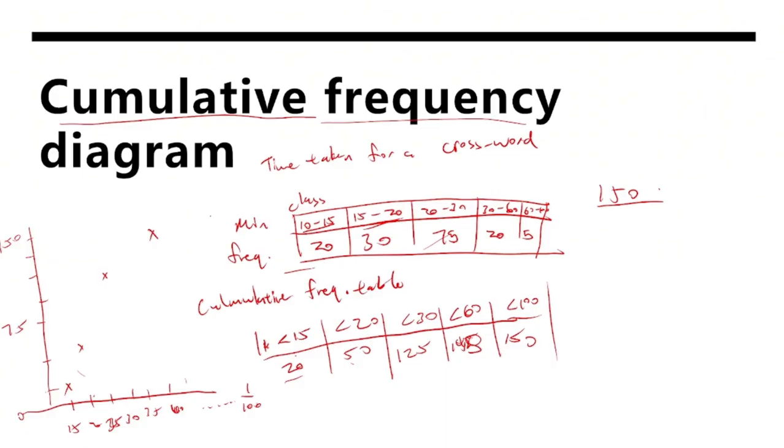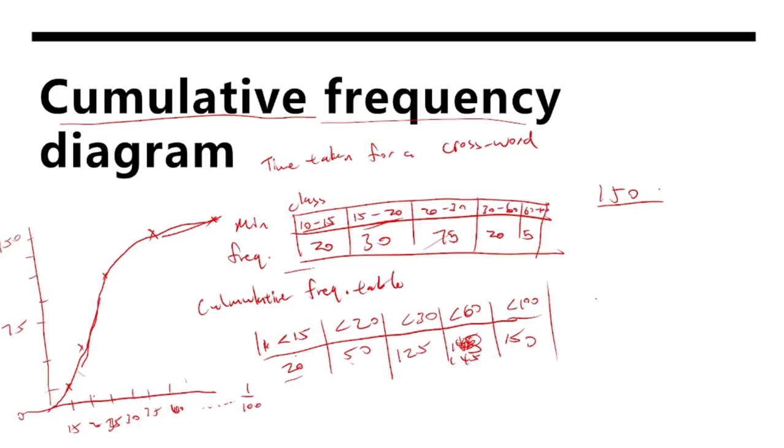Smaller than 100 would be 150. So the graph with a curve looks something like this. This is 145.